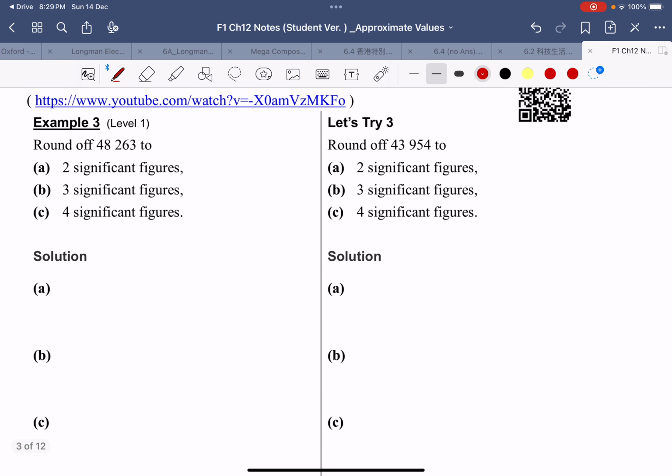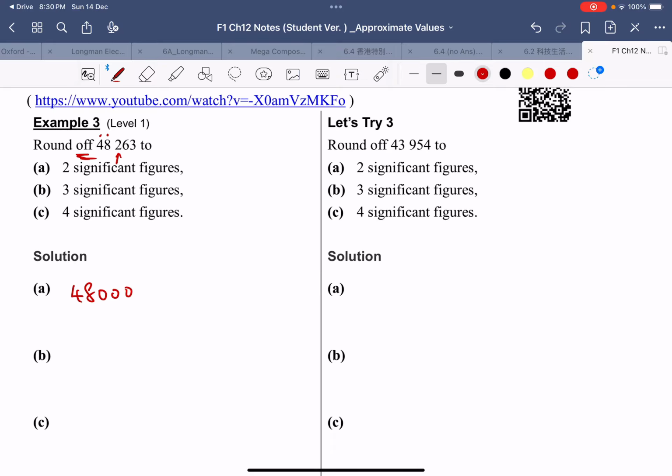Alright, example 3, round off. Okay, round off, 4捨5入. This number has 2 significant figures. Okay, count 1, 2. Okay, so just leave. If this is just 2, 4以下你都寫佢嘛. This is just 2, it becomes all 0.